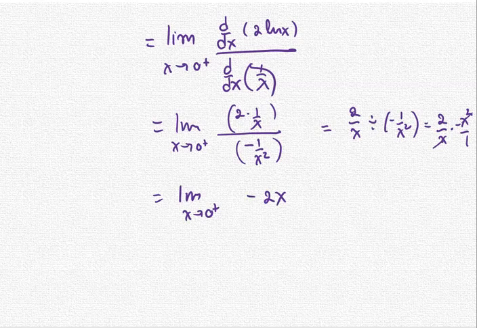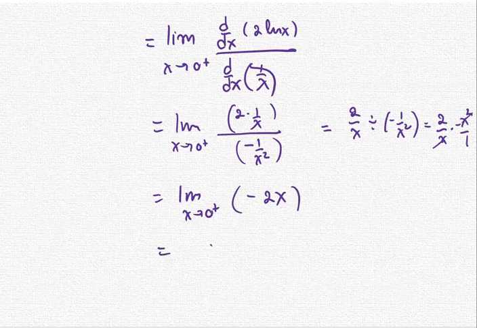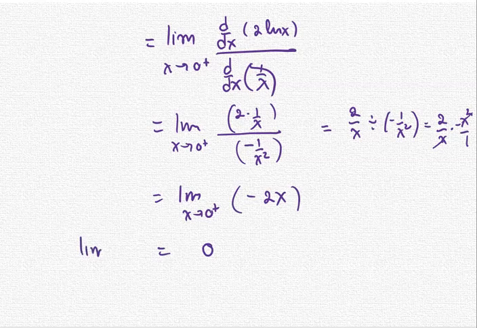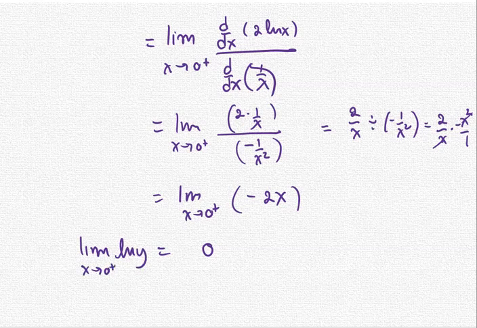As x approaches 0, the limit becomes 0. Recall the left-hand side is the limit of the natural log y as x approaches 0 positive. Therefore, the limit of y as x approaches 0 positive is e to the power 0, or 1, where y is the original function, which is x to the power 2x.